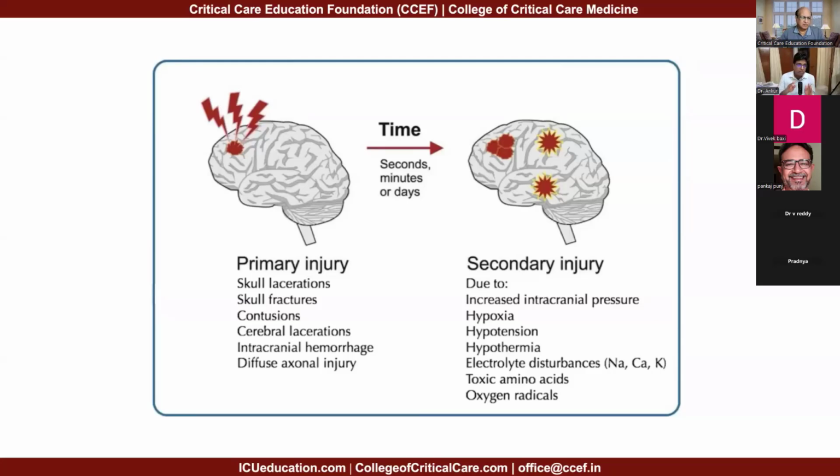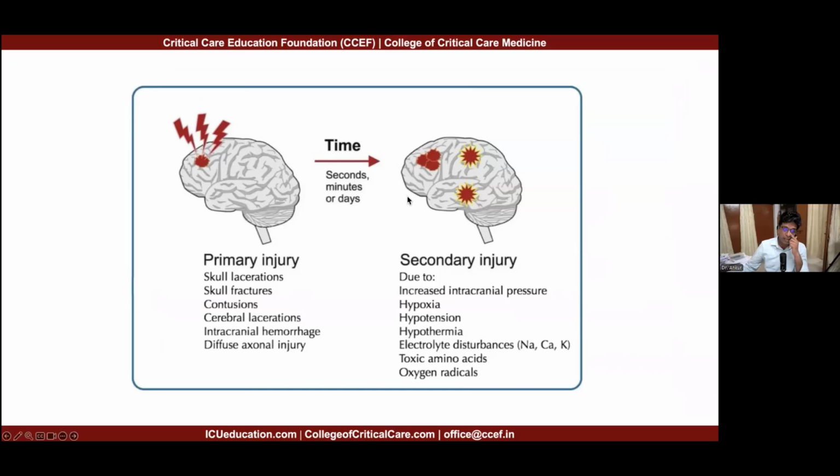The main focus of the treating physician, the paramedics or the critical care team is to prevent the secondary injury which happens after the primary injury. At the time of injury impact, the injuries that occur we call primary injury. It could be skull laceration, fractures, contusion, intracranial hemorrhage, diffuse axonal injury. This has happened. You can't do anything about it.